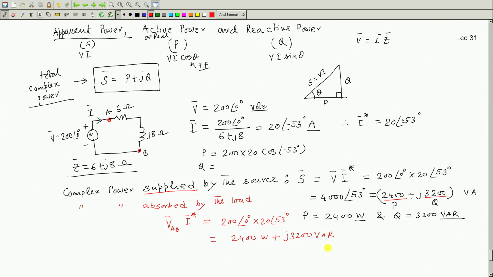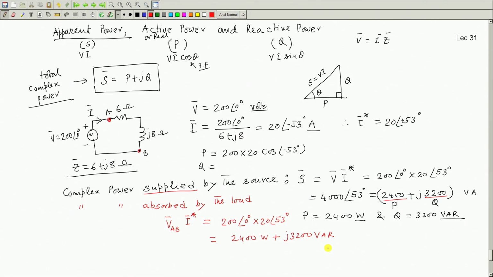That is, in an AC circuit with sinusoidal excitation in steady state, the power balance should be true both for real power as well as for reactive power.